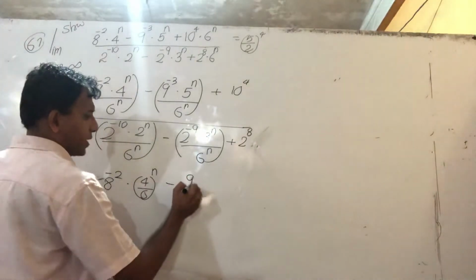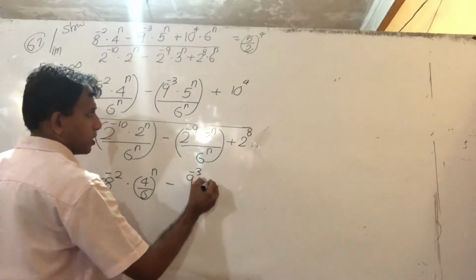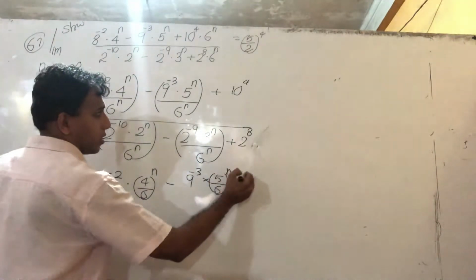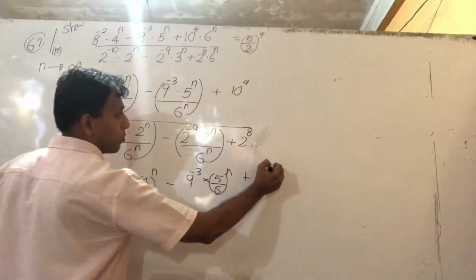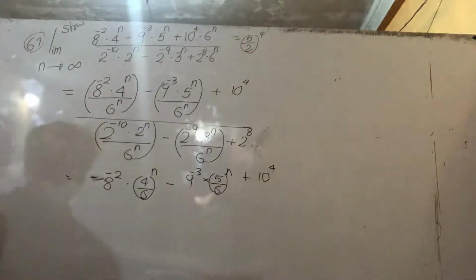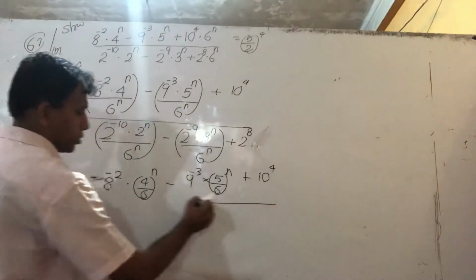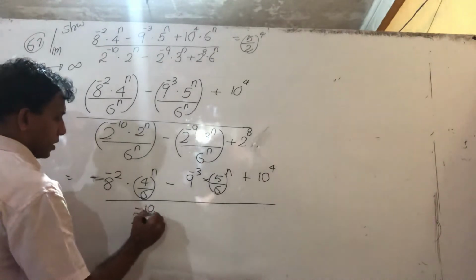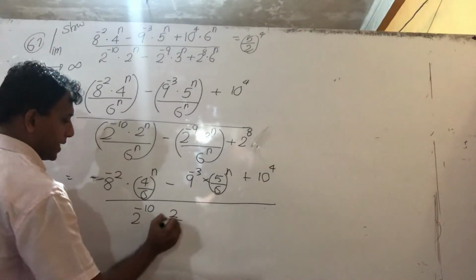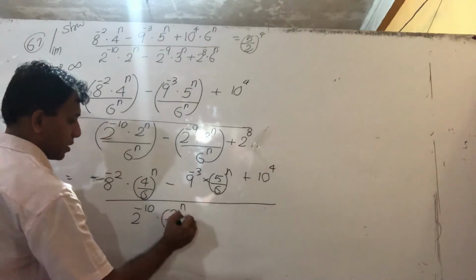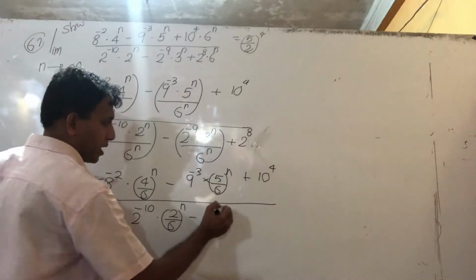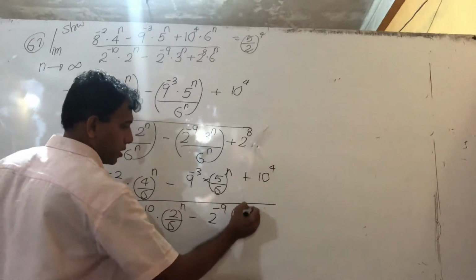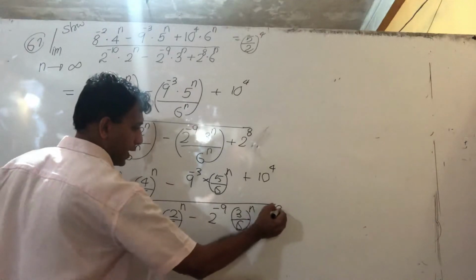Here 9 to the power minus 3, and 5 over 6 completely to the power n, plus 10 to the power 4, over 2 to the power minus 10, and 2 over 6 completely to the power n. The same here, 2 to the power minus 9, 3 over 6 to the power n, plus 2 to the power 8.